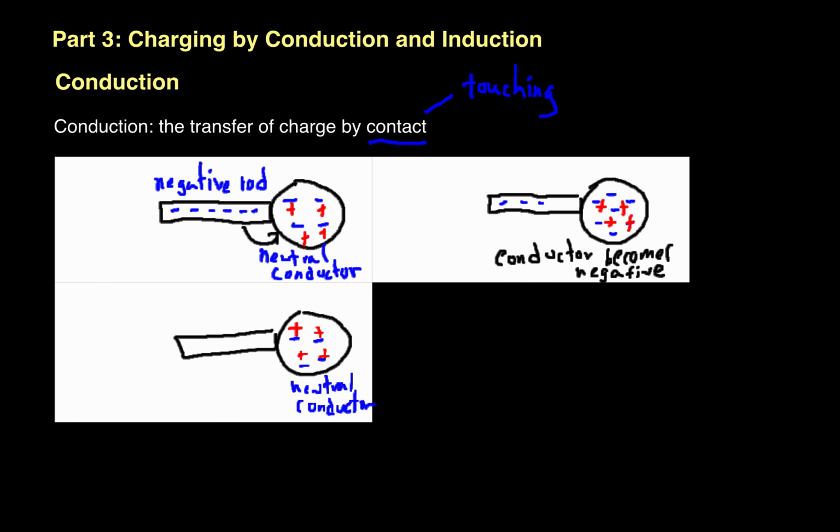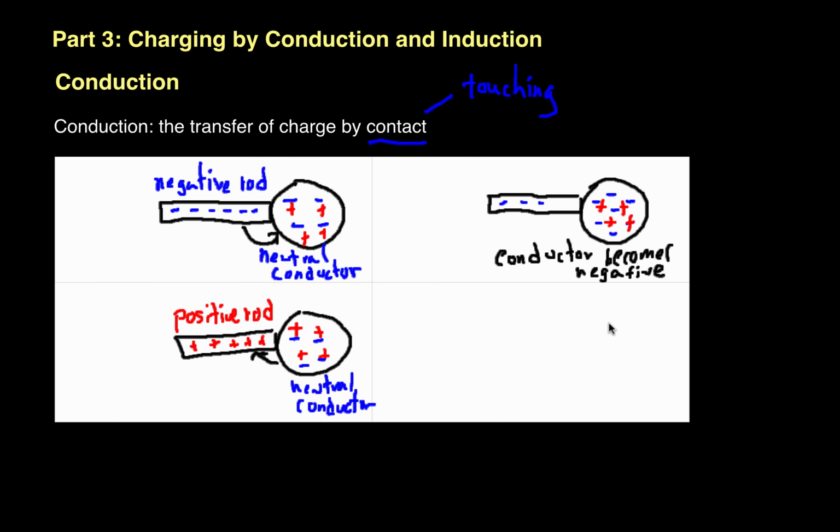So I'm going to have a positively charged conductive rod brought near it to touch. Now, positives can't move. The positives from the rod can't flow into the neutral sphere. This is because positive charges are trapped within the nucleus. However, the negatives from the neutral conductor are so attracted to the positive rod that they'll spread out, flowing towards it, and some of them into it.